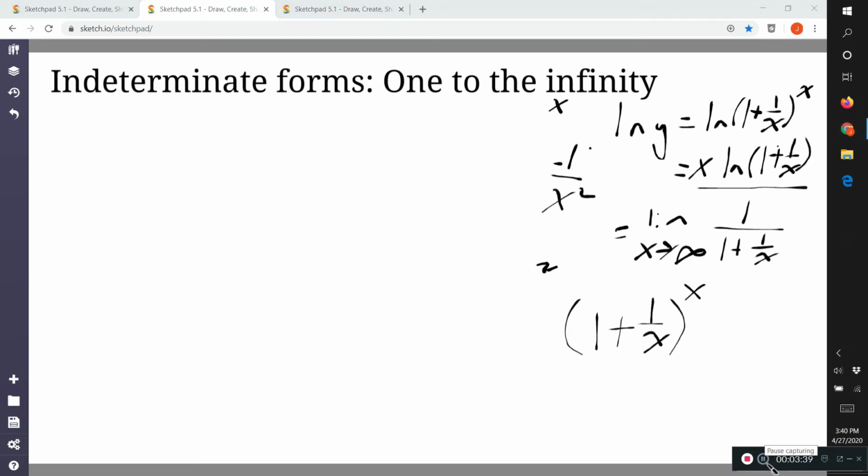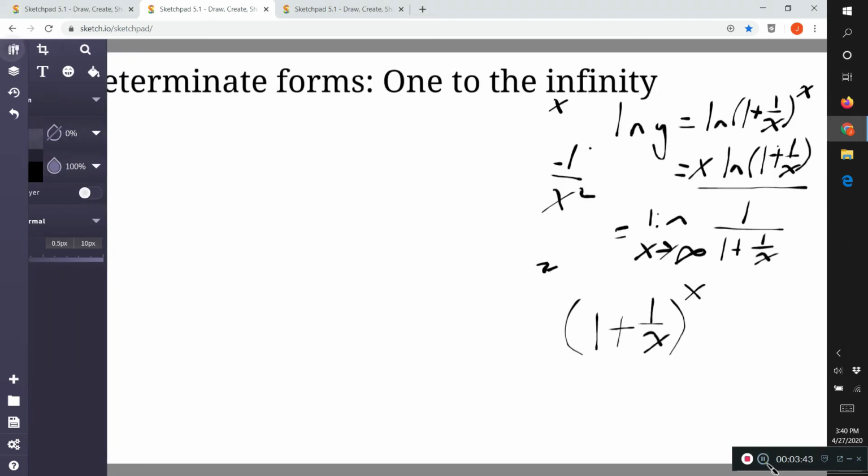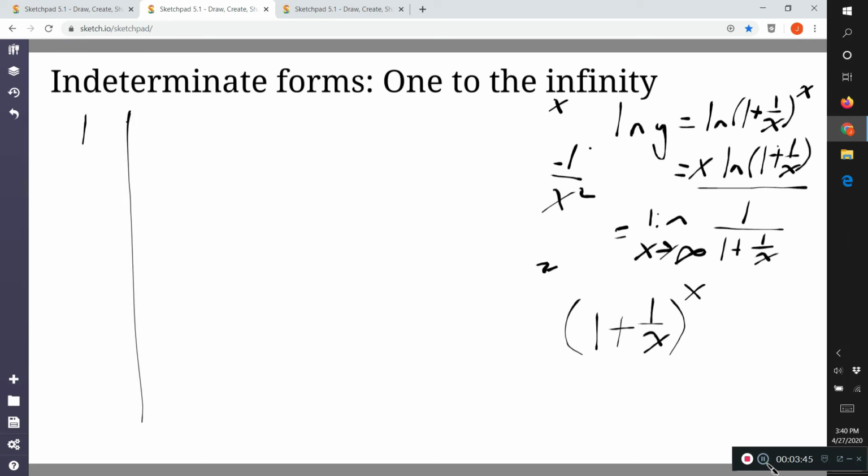If we plug some numbers in, starting at 1, and I'm talking about plugging them into this, we would get 1 plus 1 over 1, which is 2, to the first power, which is 2. If we plug 2 in, we get 1 plus 1 half squared, which is 2.25.